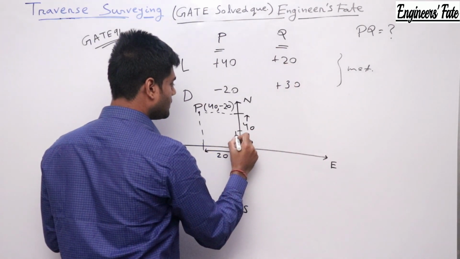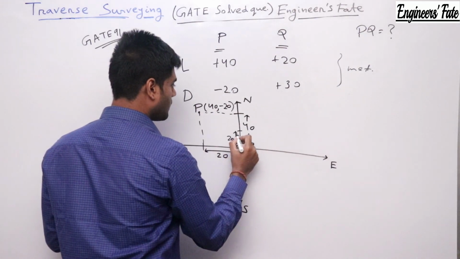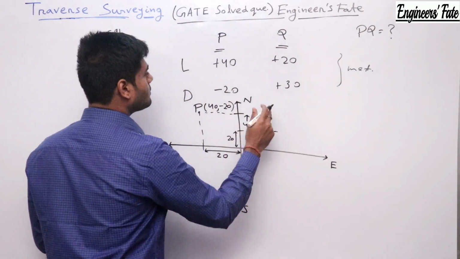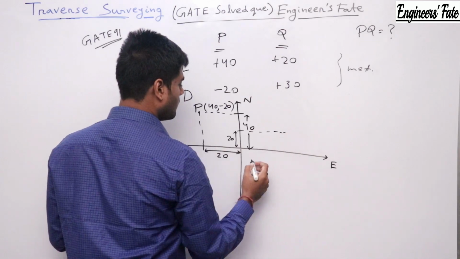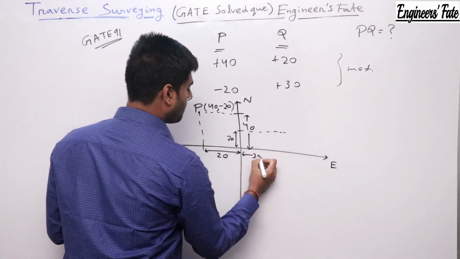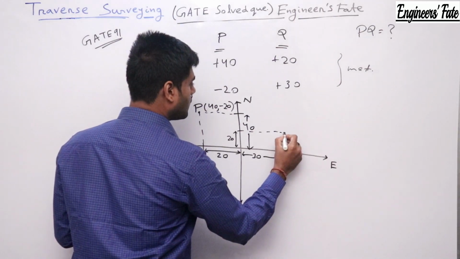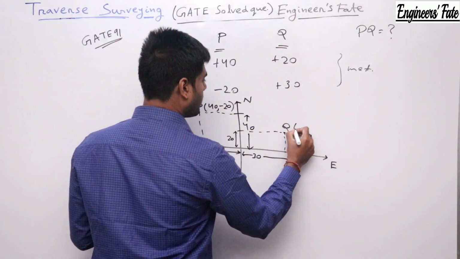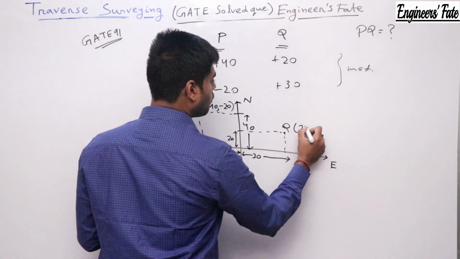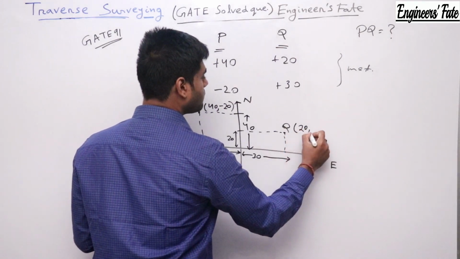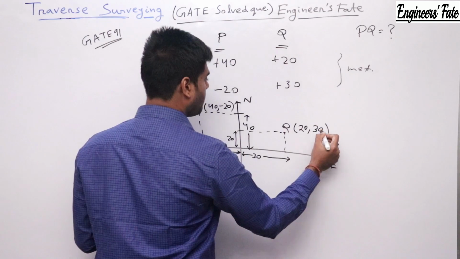So you can see this is 20. And what is the departure? Departure is 30. Departure is positive, latitude also positive, so the point Q lies in the first quadrant. And how to denote the coordinates? Latitude comes first, then comes the departure.